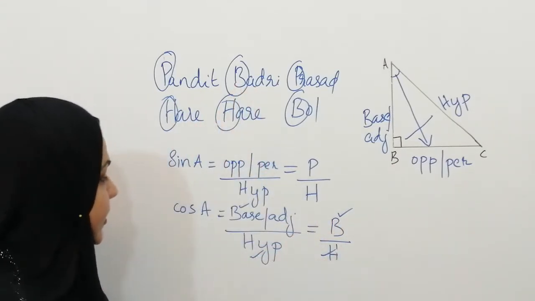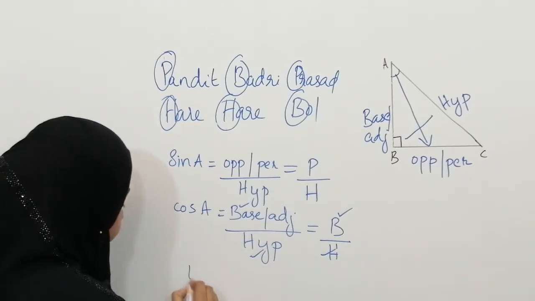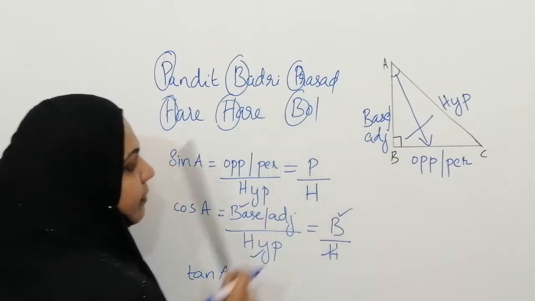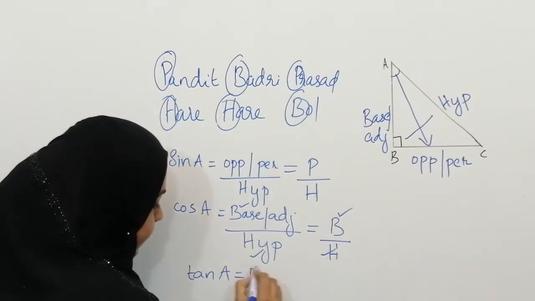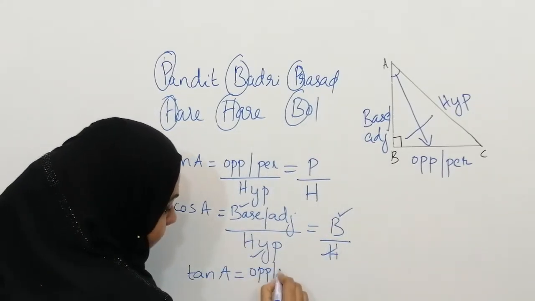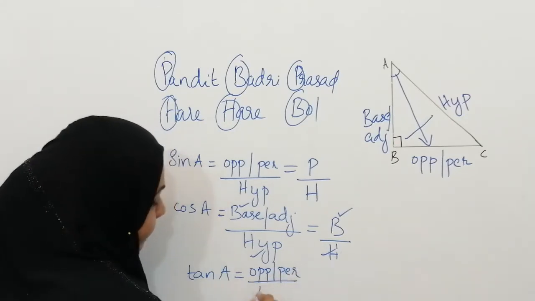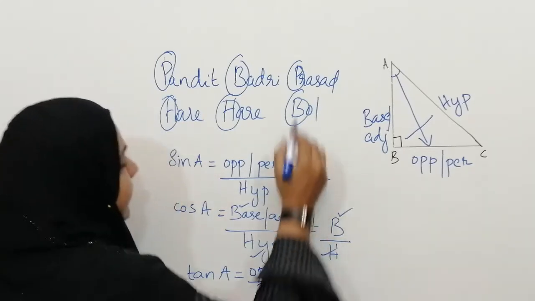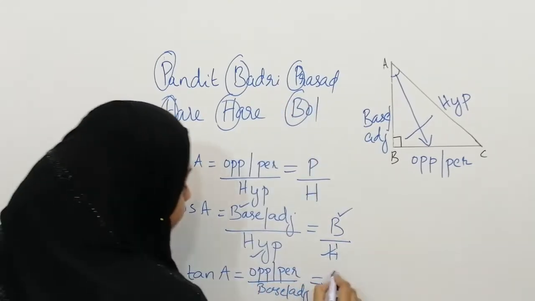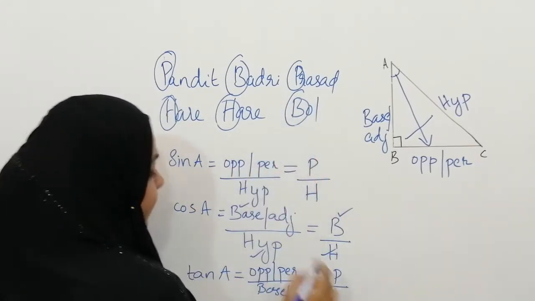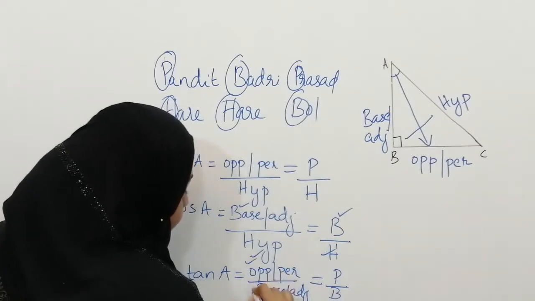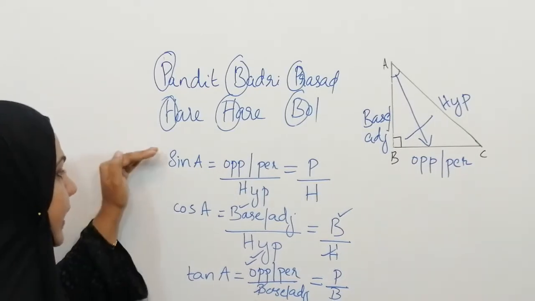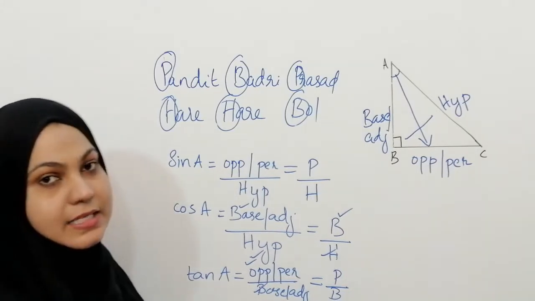So B to H. Similarly, we can write tan A. What is tan A? Opposite or perpendicular to base or adjacent. What is the first letter of Prasad? P, and the first letter of Bol, B. So here also we take only the first letter of each word, and you will get sine A, cos A, tan A respectively.